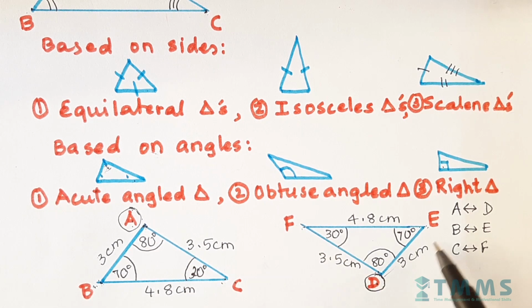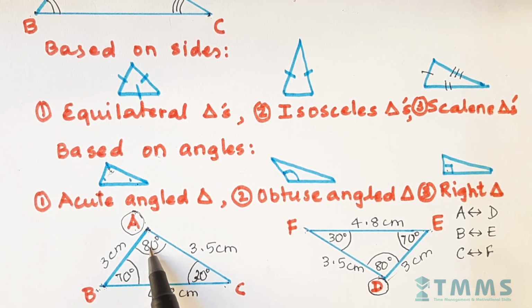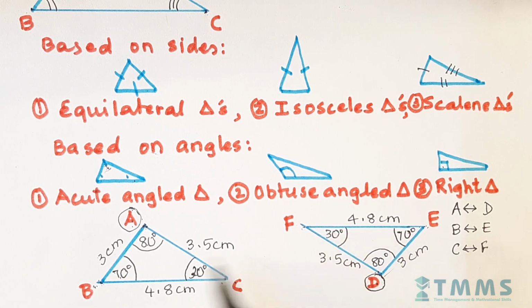Now I have shown another triangle in which you will see that the angles are 80, 70 and 30 degrees, exactly the way we are having here in this triangle. And also the sides are 3 centimeter, 4.8 centimeter and 3.5.